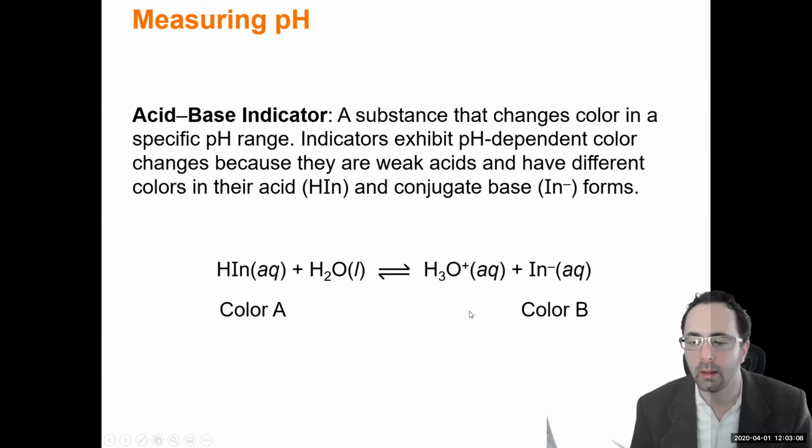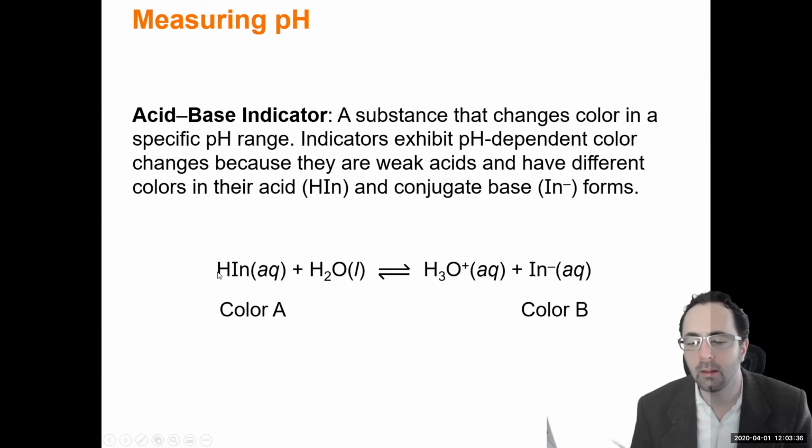Left or right? Left. So we have more of this, it pushes the equilibrium left. And so we get color A. We're going to get more and more of this and less of this. If we're removing H3O plus, basically by making the solution more basic, that will shift the equilibrium to the right, which results in the other color.